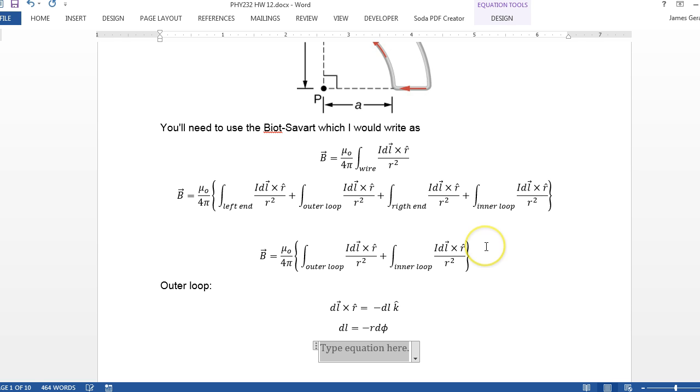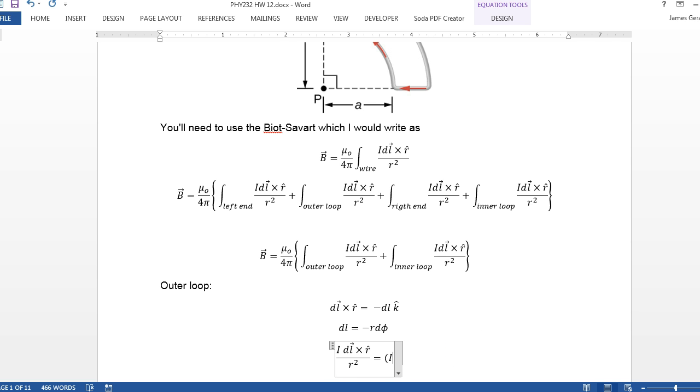And so the whole integral I DL cross R hat over R squared, all right? What do we get? We've got a minus and a minus, so there's going to be a plus.